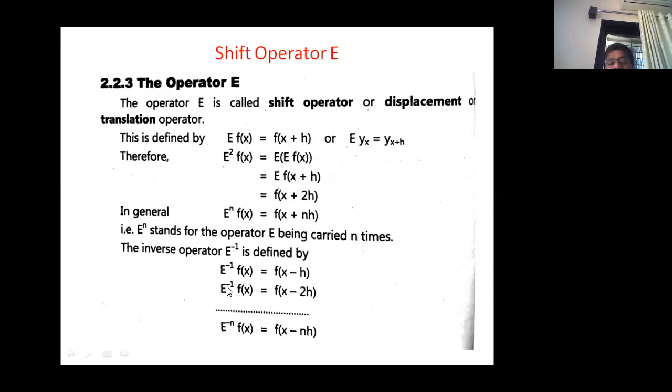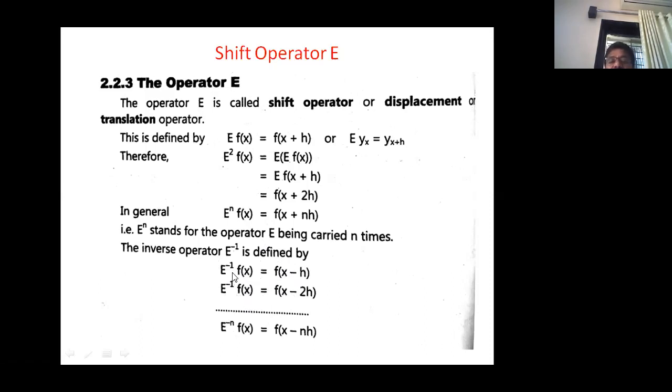Then what is E raised to minus 2 f(x)? Here it is not 1, it is 2. So E raised to minus 2 f(x) is f(x−2h). That is, shift the point to the left 2 points.